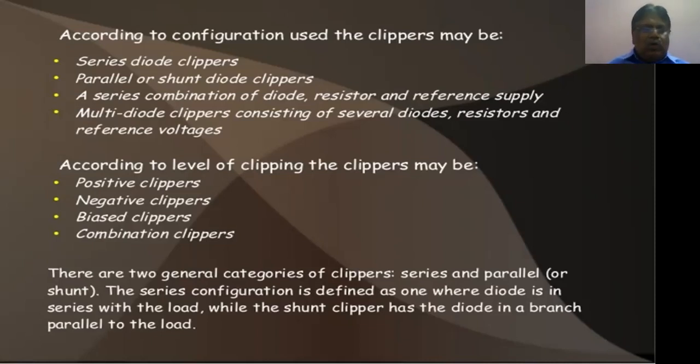So there are two general categories of clippers, series and parallel or shunt. The series configuration is defined as one where the diode is in series with the load, while the shunt clipper has the diode in a branch parallel to the load.